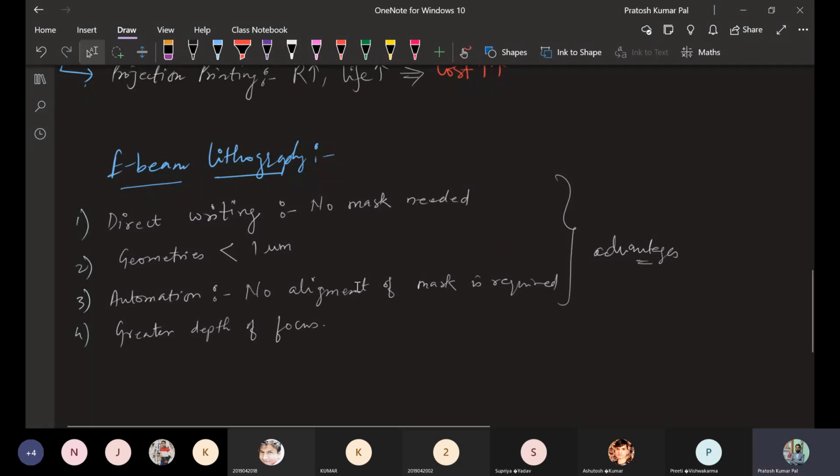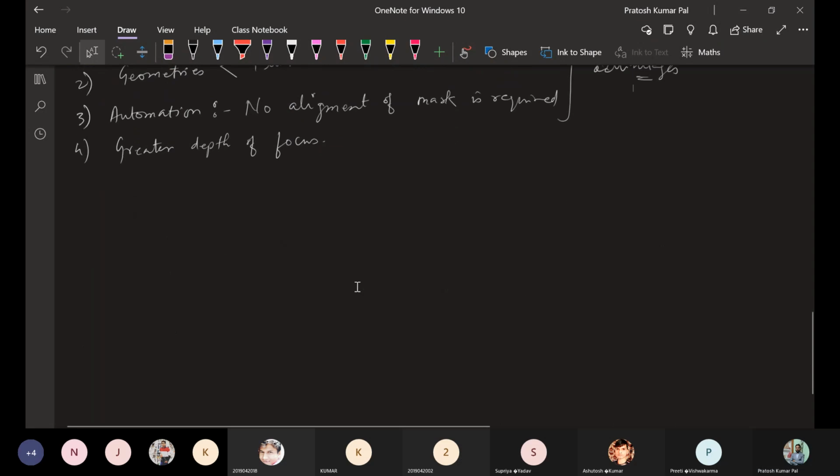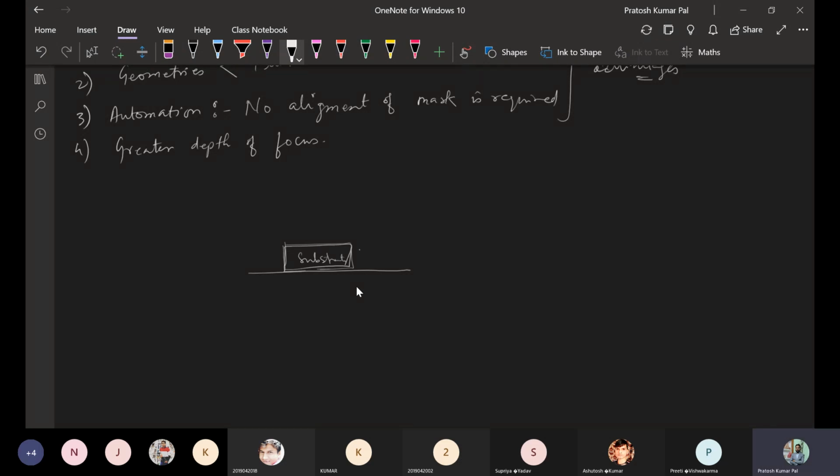Here the basic steps that are followed: there is a table on which the semiconductor surface is placed. The substrate we call a wafer, or semiconductor surface, is placed on a table.